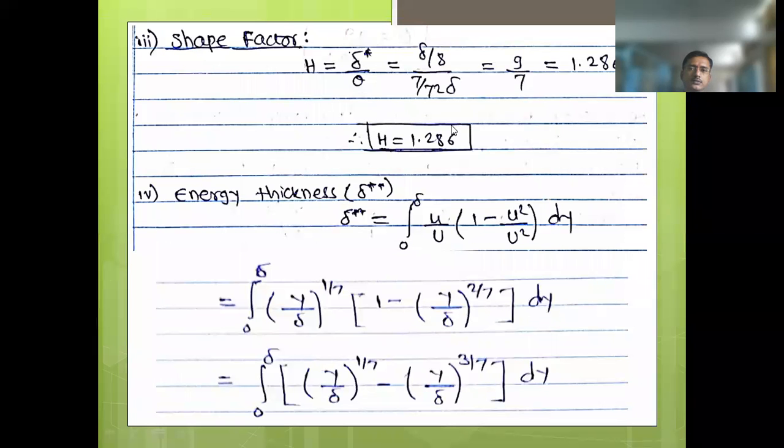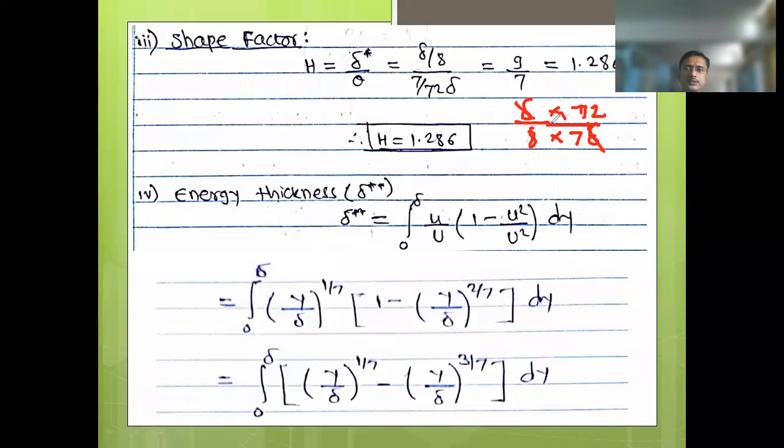Shape factor H is equal to del star upon theta, right? So put this value in, and you will get the value of the shape factor. Del upon 8 and 7 del upon 72, so del will get cancelled. Simplifying, 8 by del goes below, 1/7 and 72 goes up, divided by del.